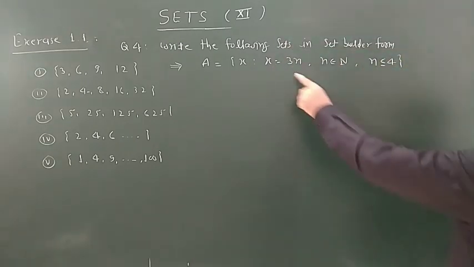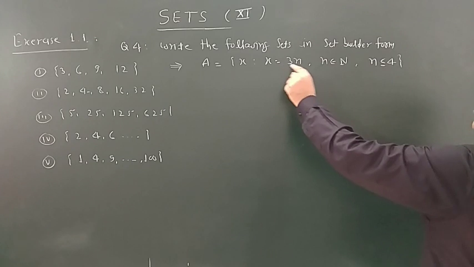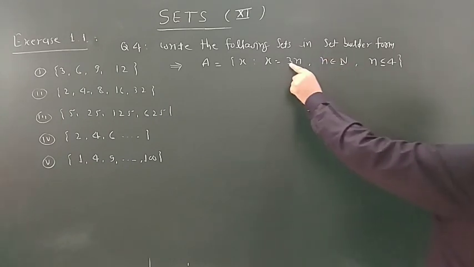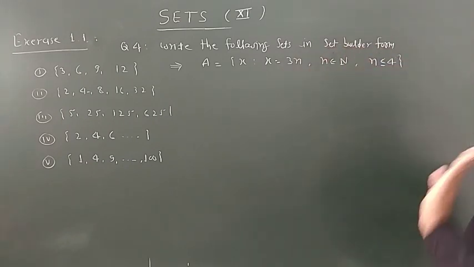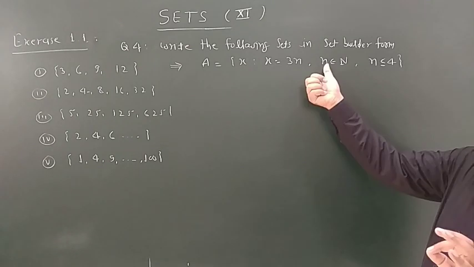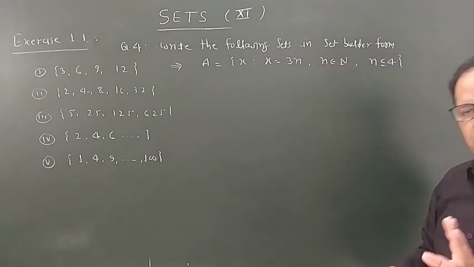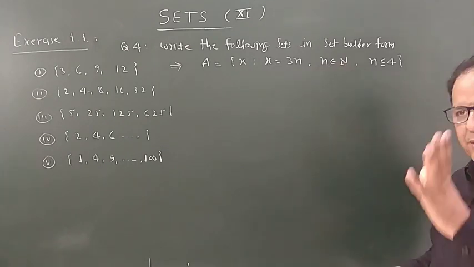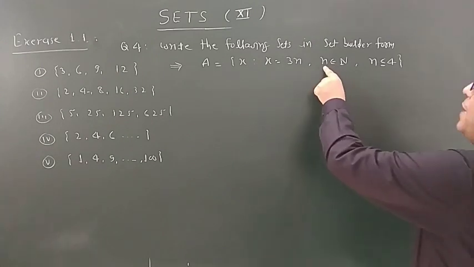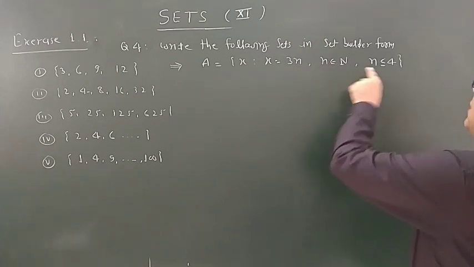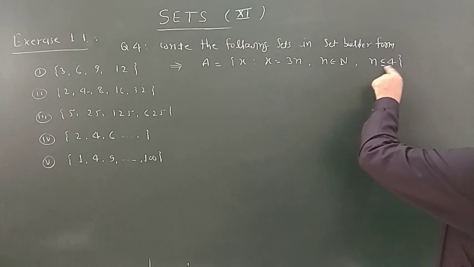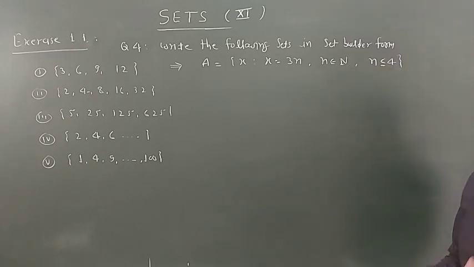Are you observing? The x is in the form of a multiple of 3, so a multiple of 3 can be written in the form of 3n. Confirm. One more thing, n is a natural number, so we know that n starts with 1, the first number comes with 3 times 1, which is 3, and finally n is less than or equal to 4. That means we start with 1 but end with 4.